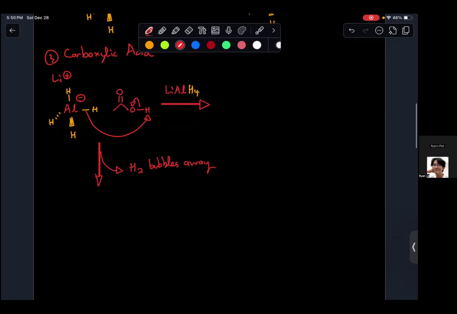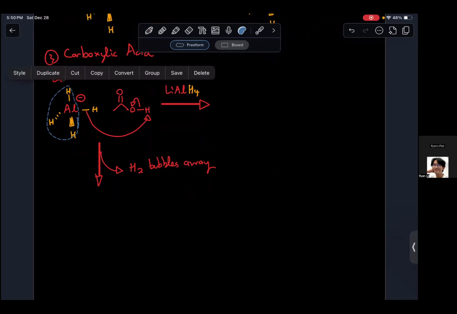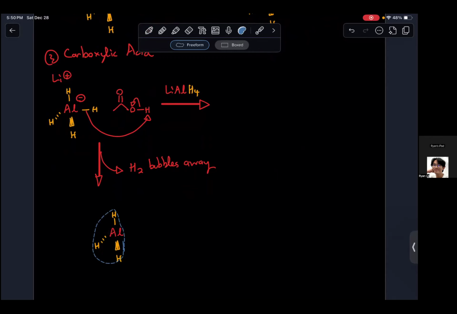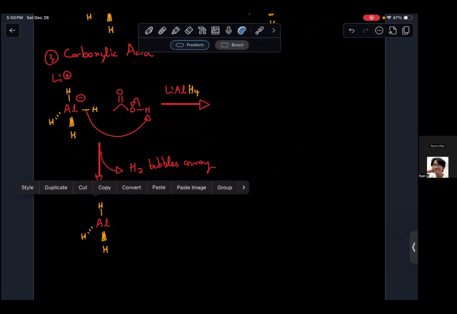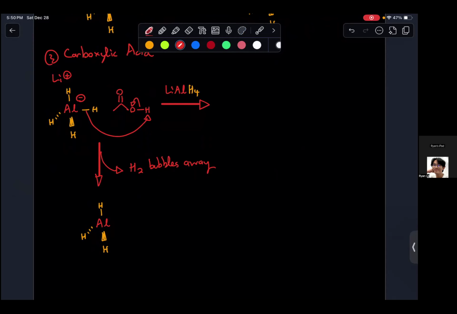And so from here you will have an aluminum that's going to have some empty orbitals. Empty orbitals, and here, empty orbitals. And then from there, I should probably move the other side to make it easier to attack.